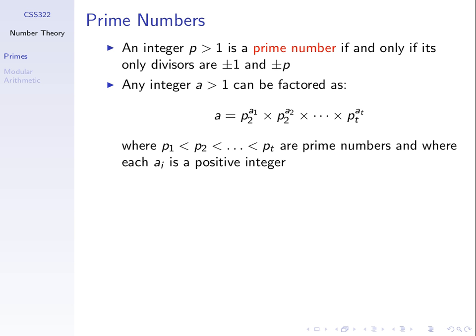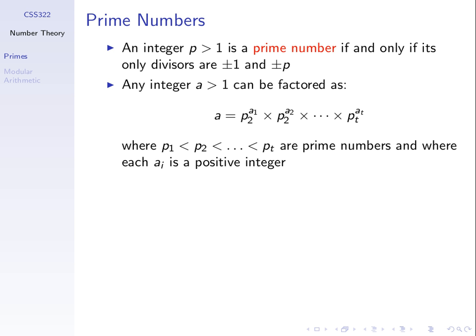The general format of some integer A, if we write it as a product of its prime factors, is each prime number to some power, for each prime number that we know of.